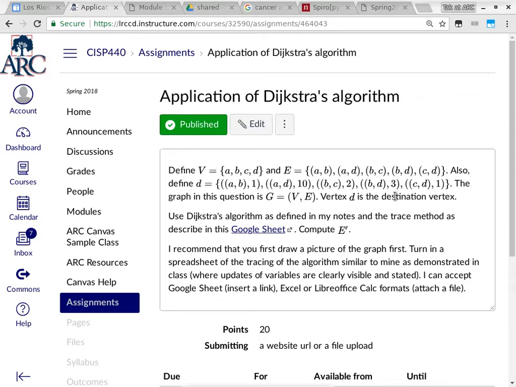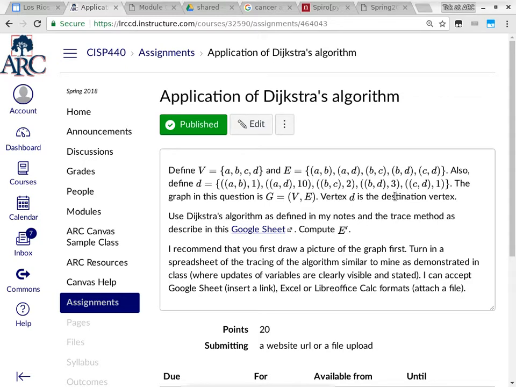What if you have more than one shortest path? Dijkstra's algorithm will only identify and use one in the solution. Depending on how you pick your items from Q, it may choose one instead of the other, but they are all considered correct because they have the same length. Could both paths be included in E prime?